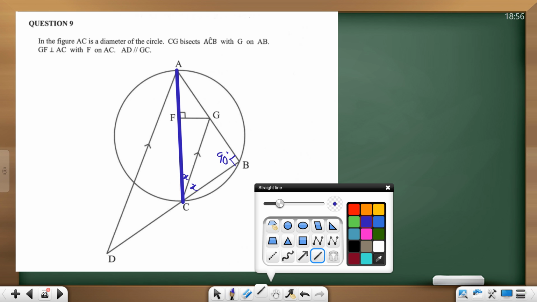Okay, let's see. What else do we have? GF is perpendicular. Okay, that's fine. GF is perpendicular to AC with F on AC. And they said AD is parallel to what? GC.